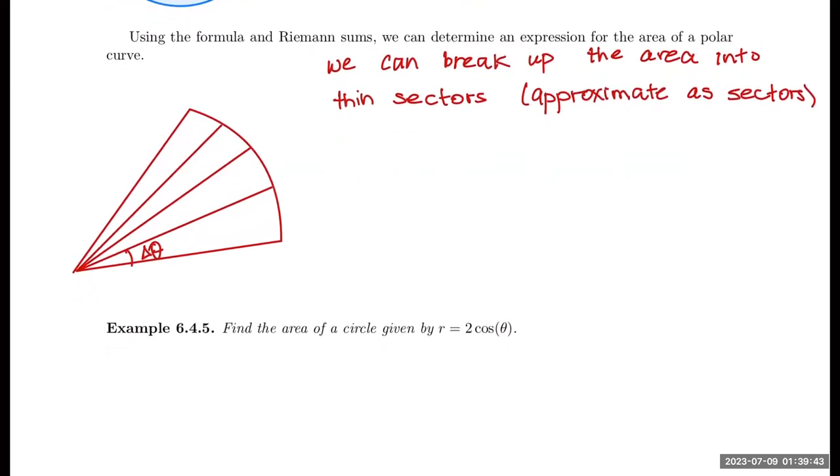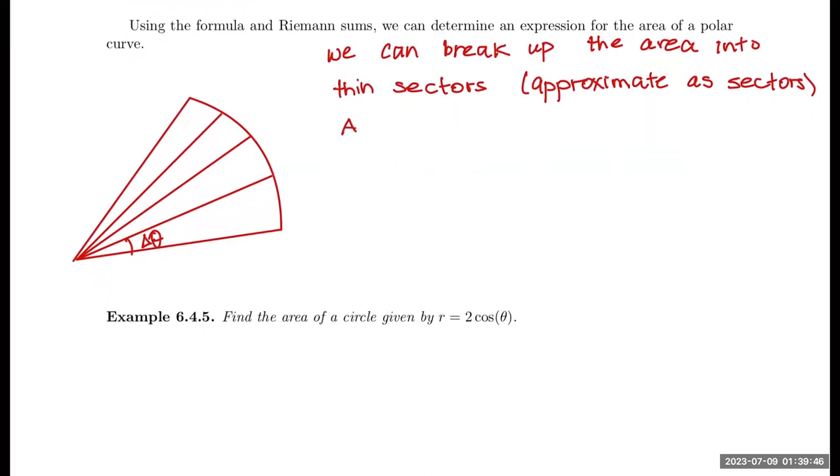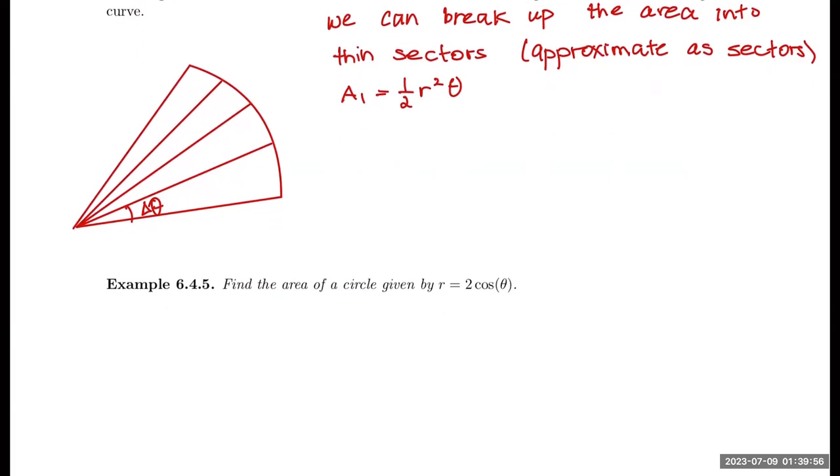So let's say A1 being the area of one sector, one half r squared theta. Well, that means for the ith one, the radius is going to be the function in this case. So half times the function squared.